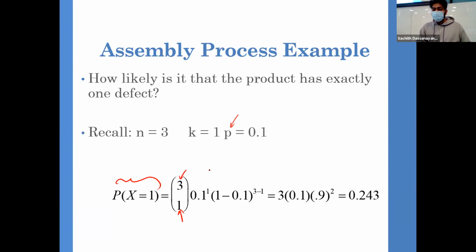Remember, p to the power x, x is 1. And 1 minus p to the power n minus x, so that's why 3 minus 1. Simplified, you can get 0.243.